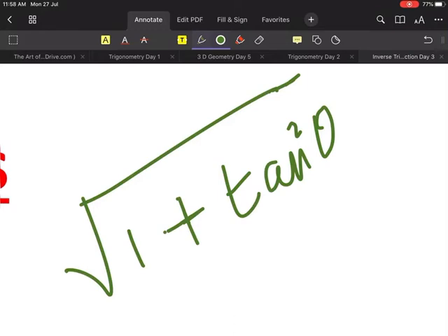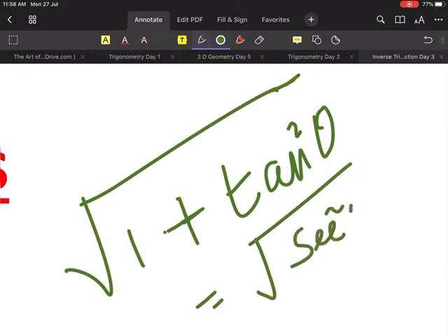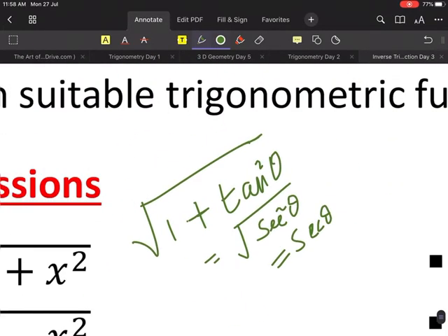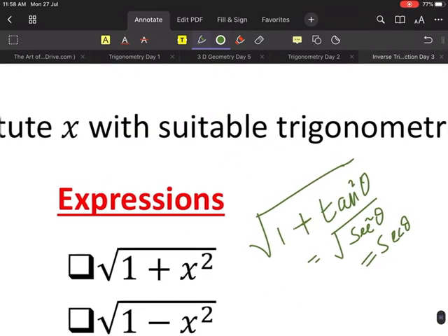Yes. Now 1 plus tan square theta is sec square theta. So what I get is root over of sec square theta, and you see square and square root go away. So we get sec theta. Am I clear, everyone? You see, the square root is removed.